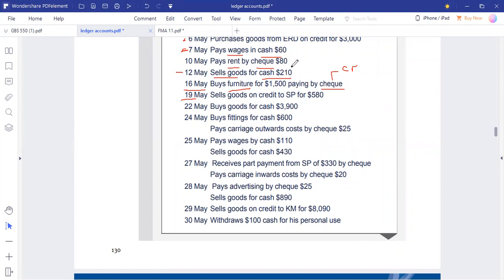Collins, I joined quite late, so I'm still trying to grasp what's going on. Okay, Munda. Maybe I can try. So there's the cash account there. Sold goods on credit to SP for 580. That's the one we're looking at.